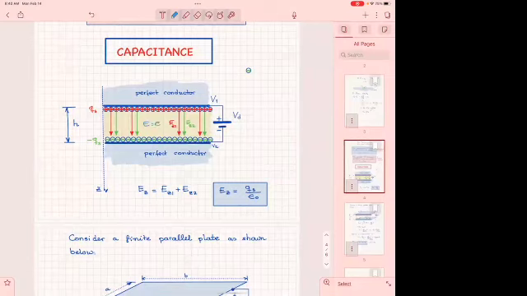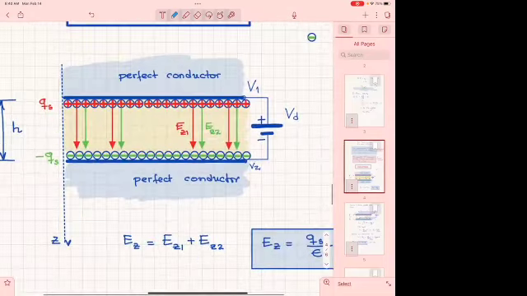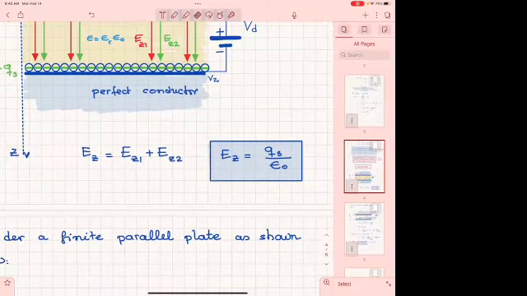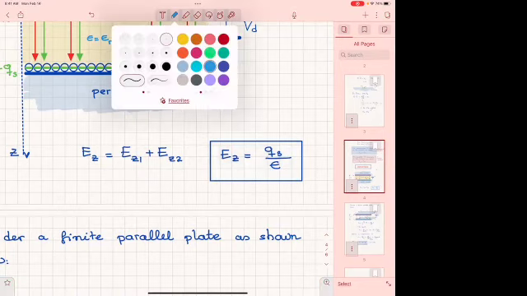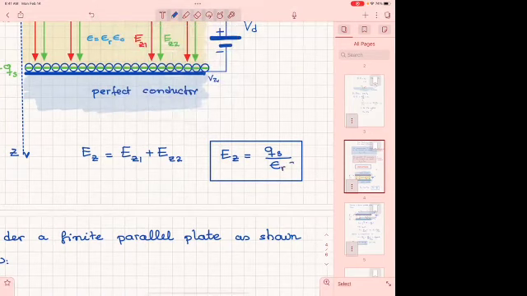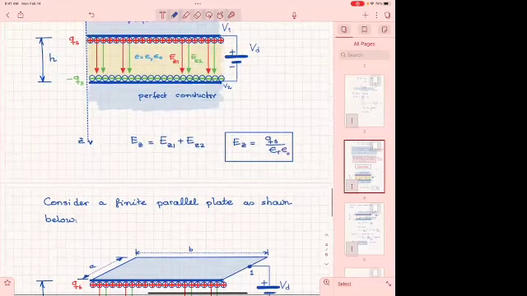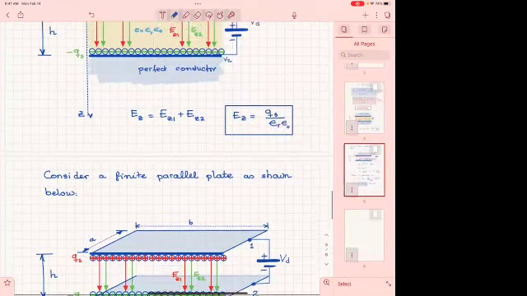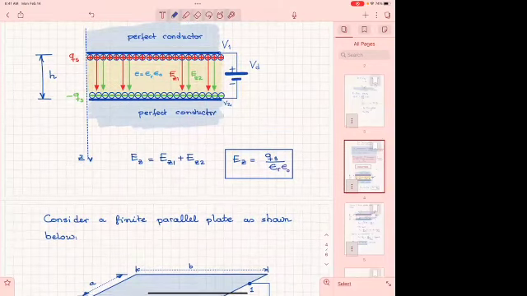If epsilon here is epsilon r, epsilon naught, then this one here is going to be epsilon, which is epsilon r epsilon naught. So far so good. So now we have established the kind of field we are going to have.